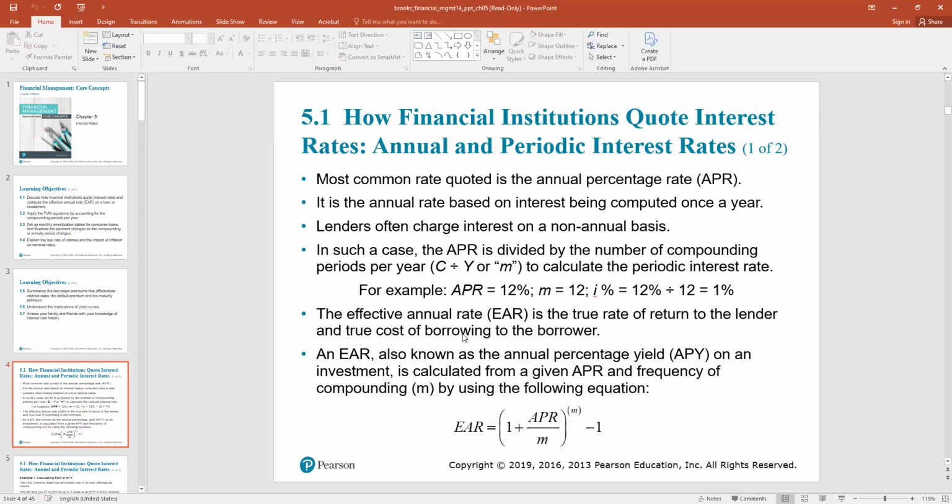However, the real interest rate that you're going to be paying is the effective annual rate. It's the true rate of return to a lender and the true cost of borrowing. The way it's calculated is: 1 plus APR over the number of periods, raised to the number of periods, minus 1.